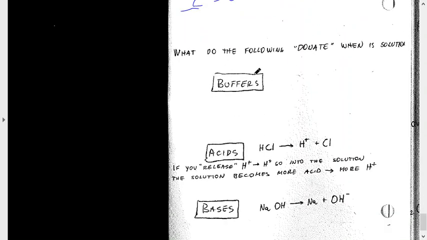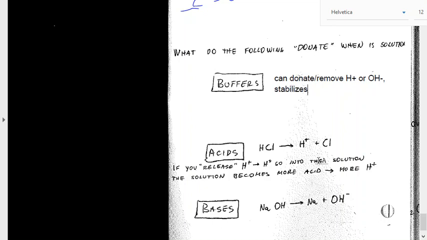Buffers. What do buffers do? I'm not going to go into buffers in too much detail other than to remind you that buffers can either donate or remove hydrogen ions or hydroxyls, and that subsequently stabilizes pH, right?